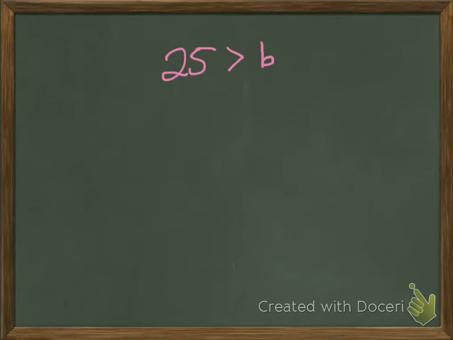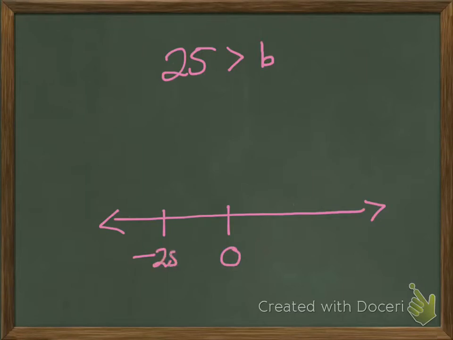And welcome back. So now, the first thing I want to make sure that I do is I'm going to draw out my line. I'm going to make my 3 marks. And I'm going to put on there negative 25, 0, and 25. Okay, now remember, which side did I say I want the variable on? I hope you said the left side. So when I put my variable, I'm going to rewrite my variable on the left side.